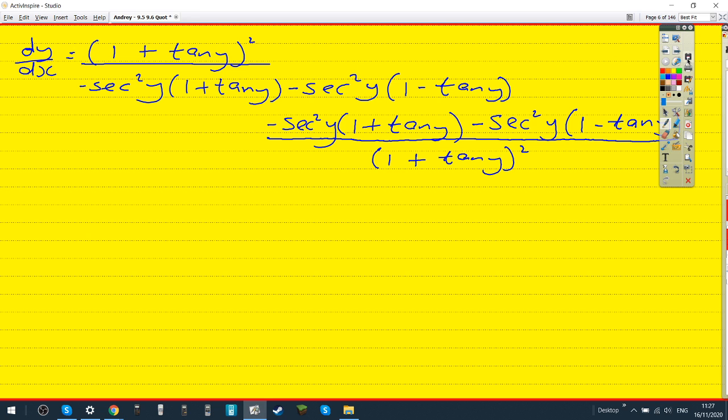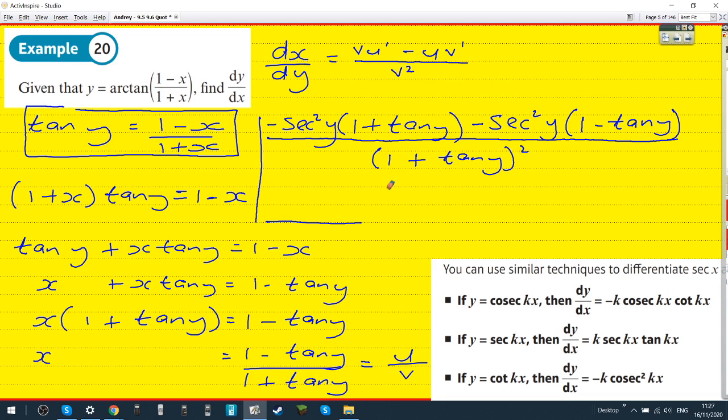Was there something we'd written that was equal to tan y initially? Yep. So tan y is basically equal to the very first thing we wrote: tan y equals 1 minus x over 1 plus x.